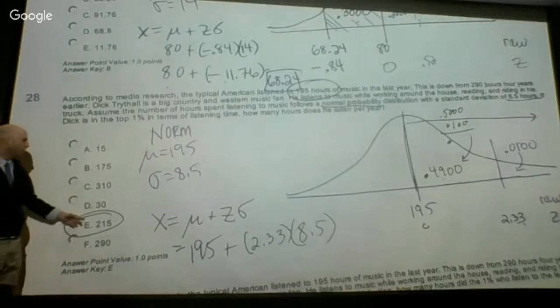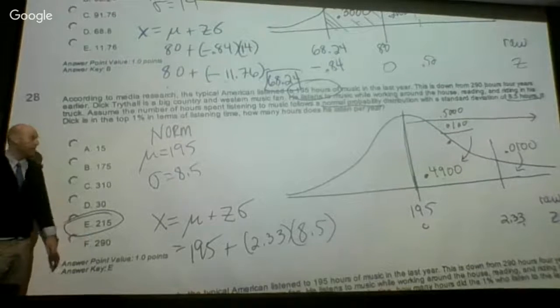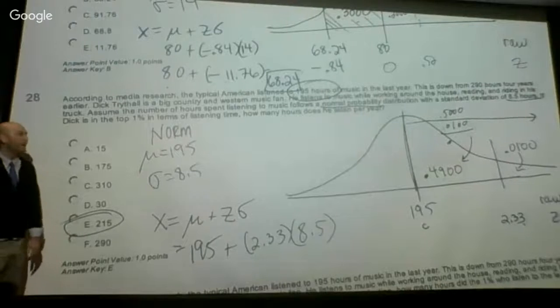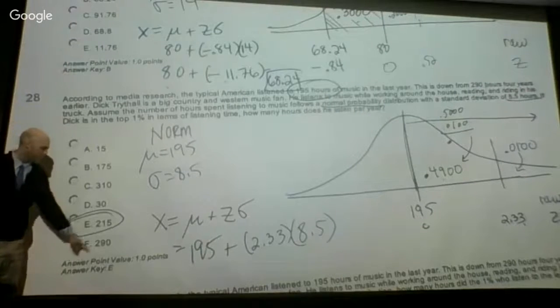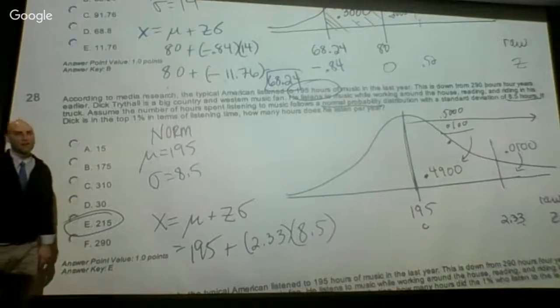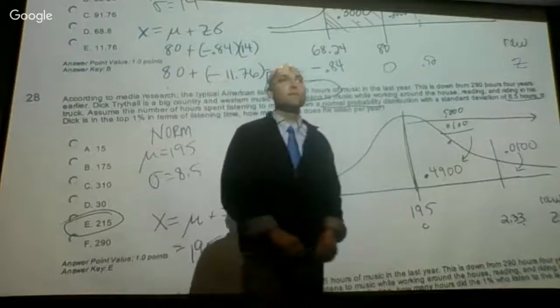It's really the only one of those answers, by the way, that seems at all reasonable. If the mean is 190 and the standard deviation is 8.5, 290 is many standard deviations above the mean. Many. Too many, in fact.